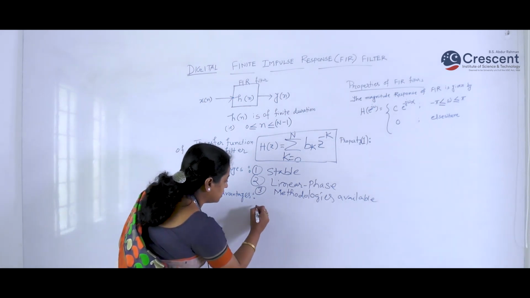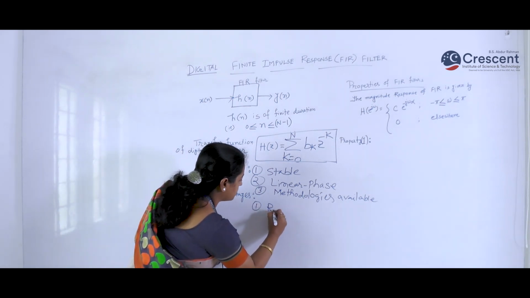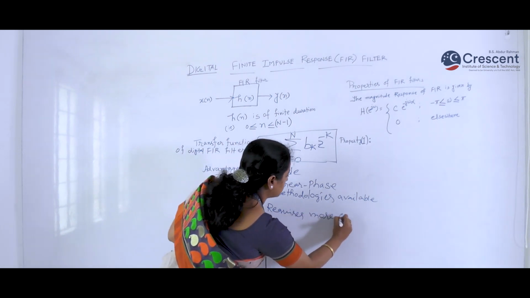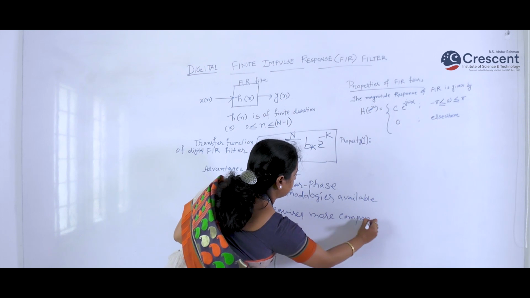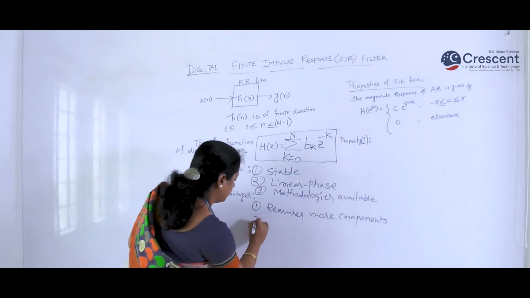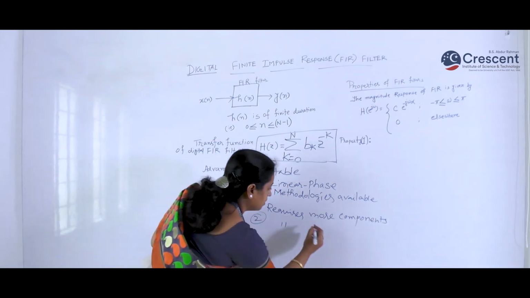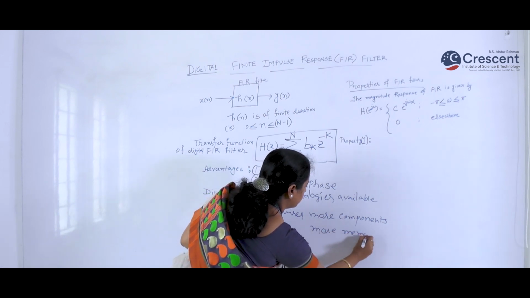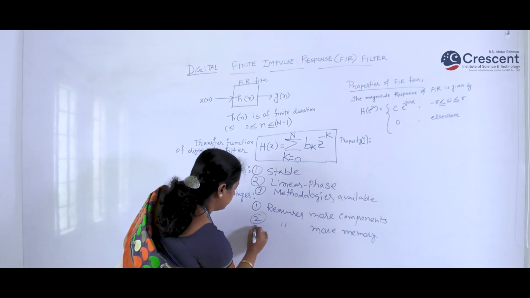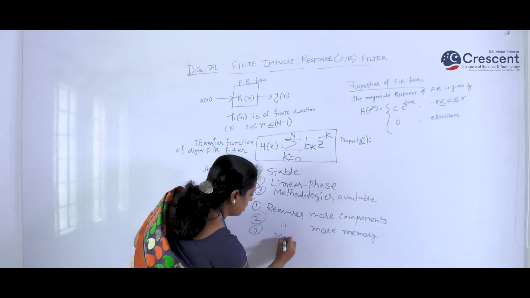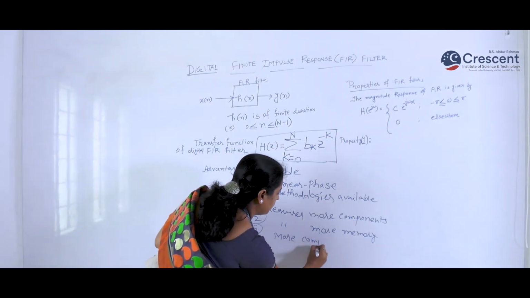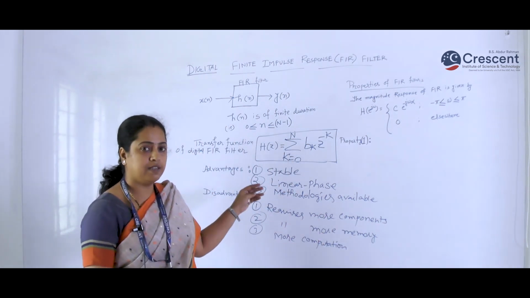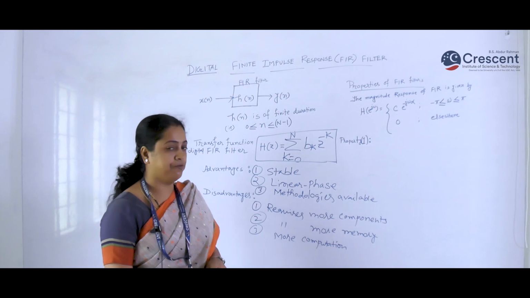So the disadvantages are that it requires more components, requires more memory, and more computation. These are the disadvantages of the FIR filter.